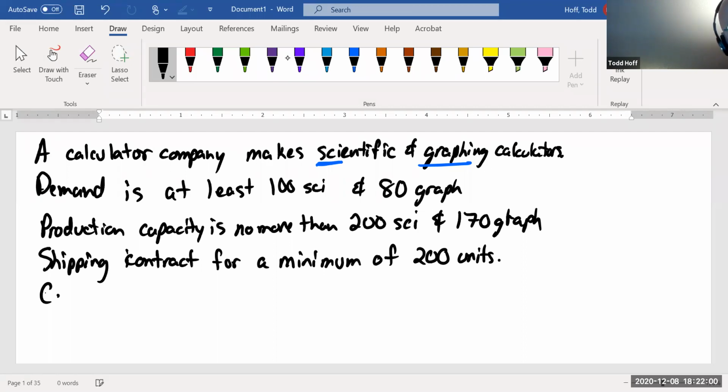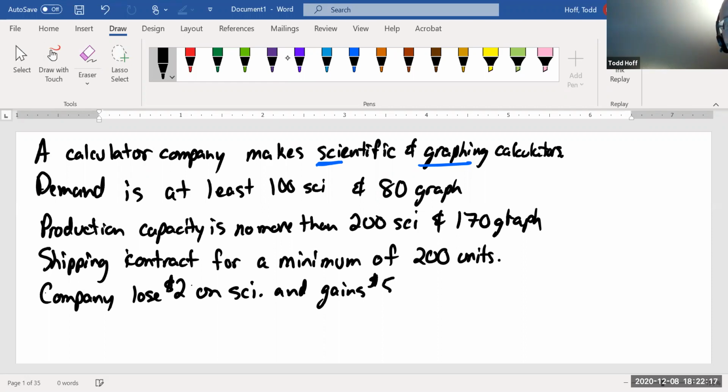The company loses $2 on each scientific calculator and gains $5 on each graphing calculator.